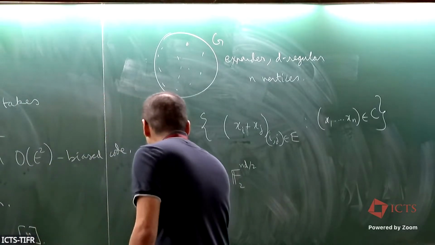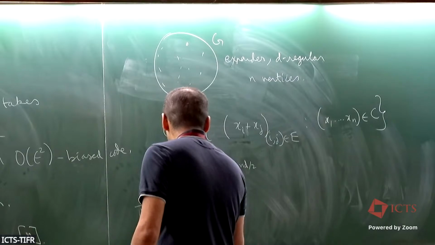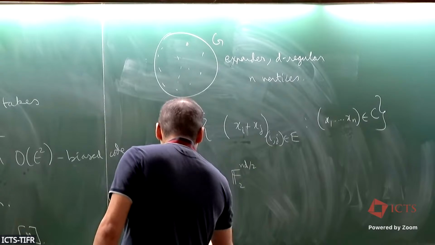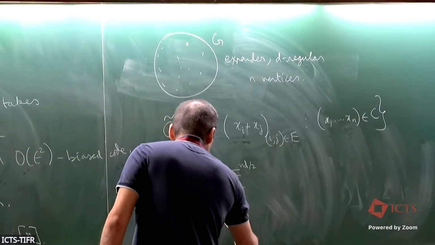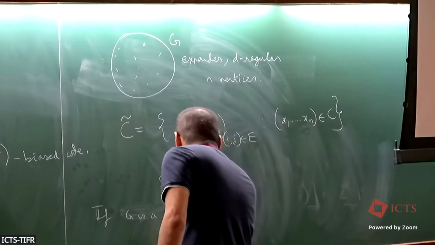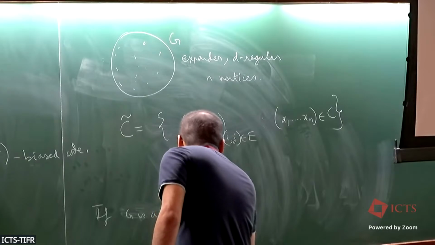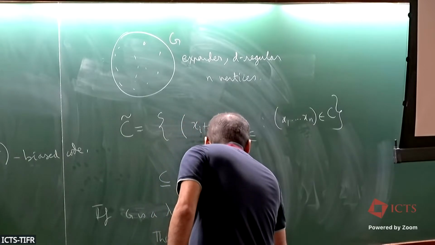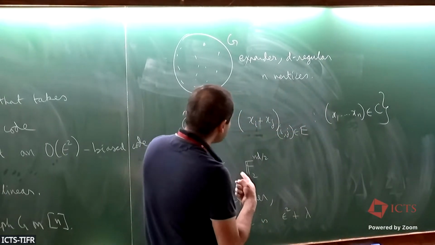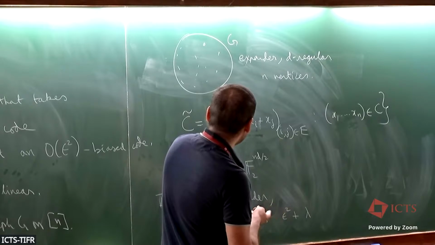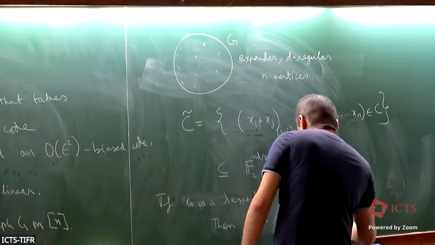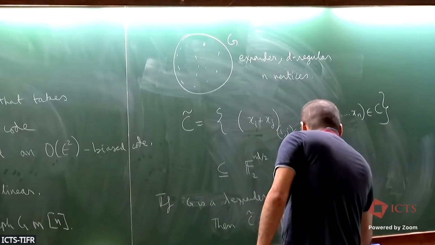So then if lambda is the eigenvalue, if G is a lambda expander, then C tilde is epsilon square plus lambda. So is lambda between 0 and 1 or lambda between 0 and D? Let's say lambda between 0 and D. So lambda over D biased.